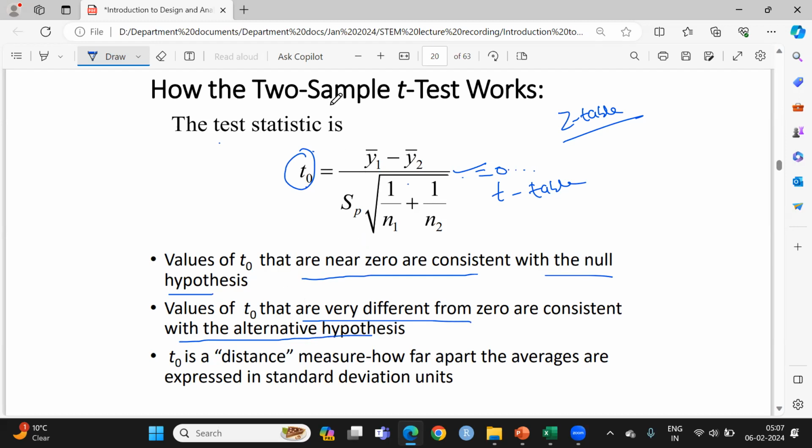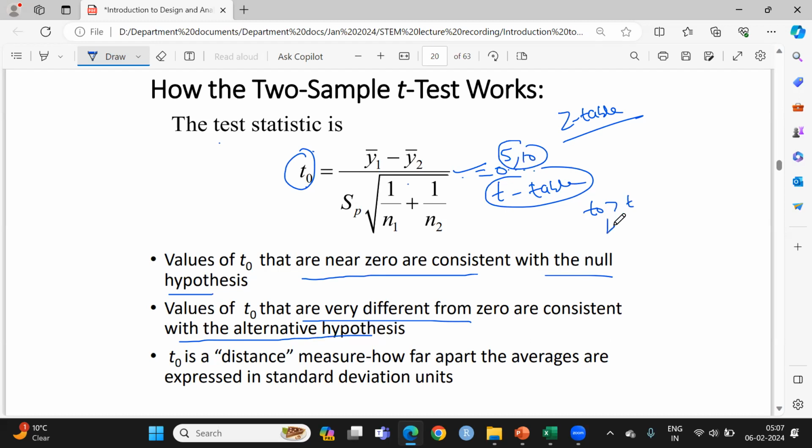Values of T naught that are very different from zero are consistent with the alternative hypothesis. The meaning is that if the value of T naught is very high, it can be 5, it can be 10, and we will compare this value with the tabulated value. If the value of T naught is greater than the tabulated value of T, then we reject the null hypothesis and say there must be some difference in the means of these two groups.